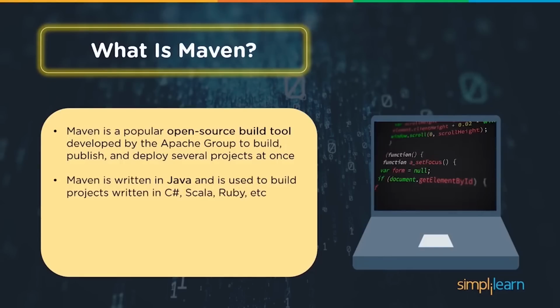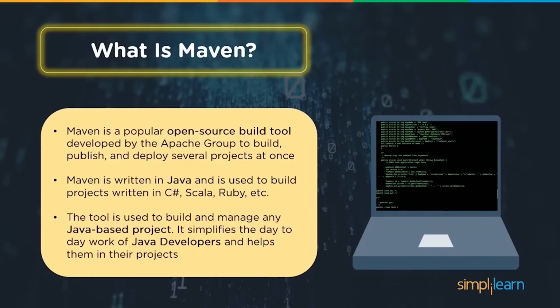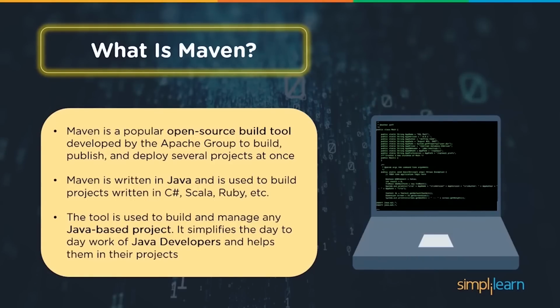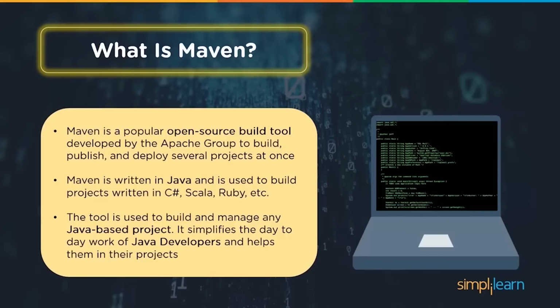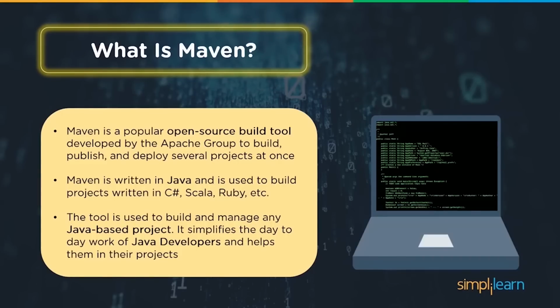Maven is written in Java and it can be used to build projects written in C#, Scala, Ruby, etc. So apart from Java, these are the different programming languages supported by Maven for performing the build activity. The tool is used for build and management of any kind of Java-based project. It simplifies the day-to-day work of a Java developer and helps them automate most of the compilation or build tasks on the projects.